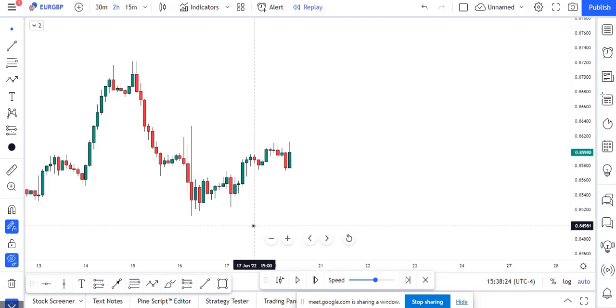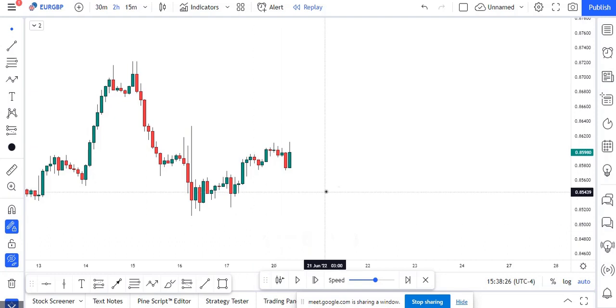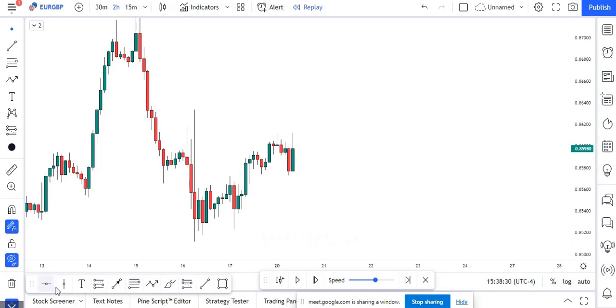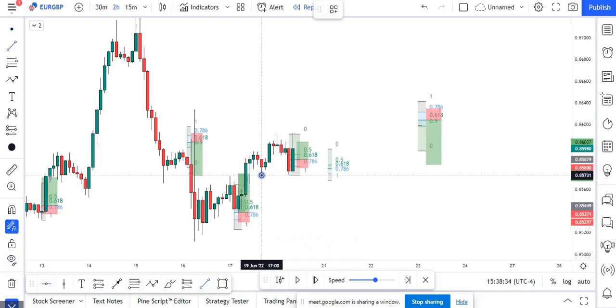All right. So looking at the next thing which I noticed, look at these equal lows right here. We had these equal lows, but we also have this liquidity grab as well.